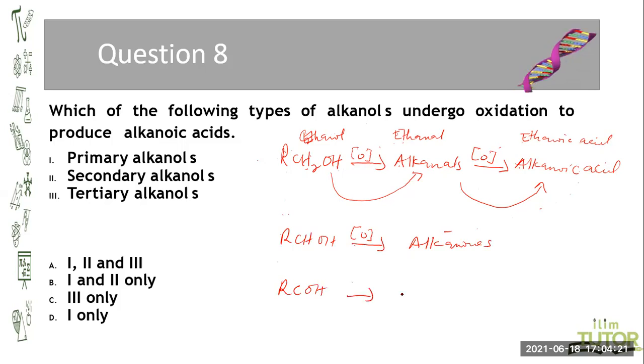So if I oxidize it, there will be no reaction. There is no nascent hydrogen present for a reaction to take place. So in this case, only primary alkanol can produce alkanoic acid. That is one only. And that will only happen when you have complete oxidation, not incomplete oxidation.